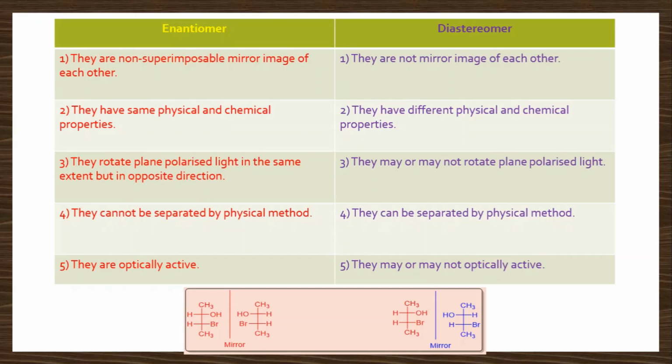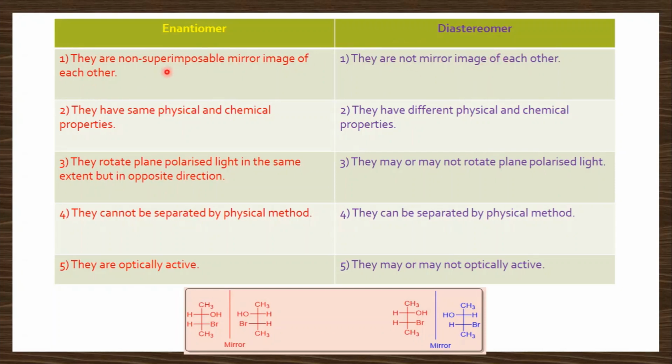The first difference: enantiomers are non-superimposable mirror images of each other, while diastereomers are not mirror images of each other.